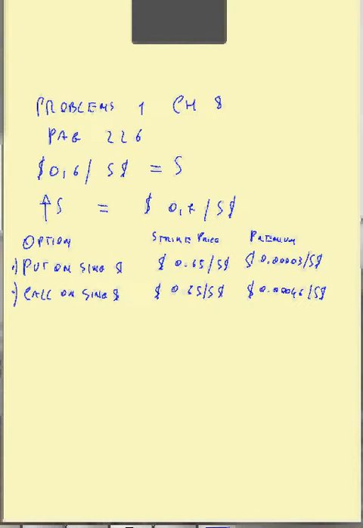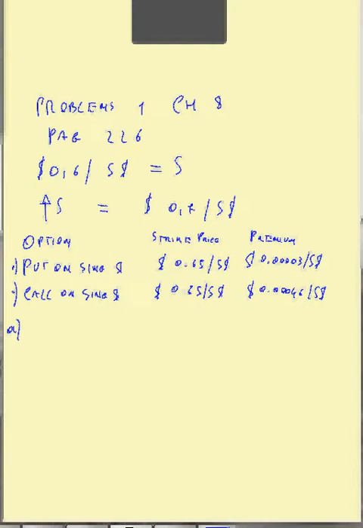How can we solve this problem? The first question is, should Samuel buy a put on the Singapore dollar or a call on the Singapore dollar? So we have to understand the difference between put and call.